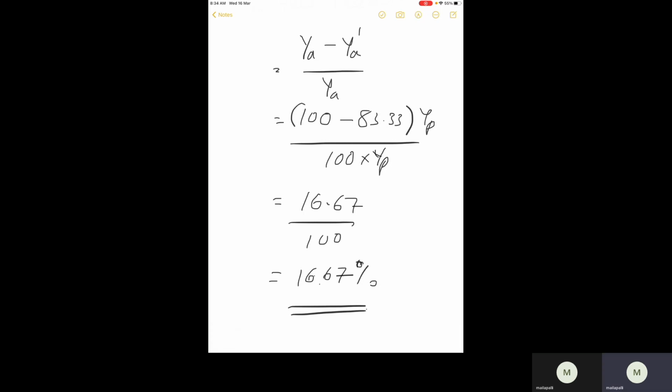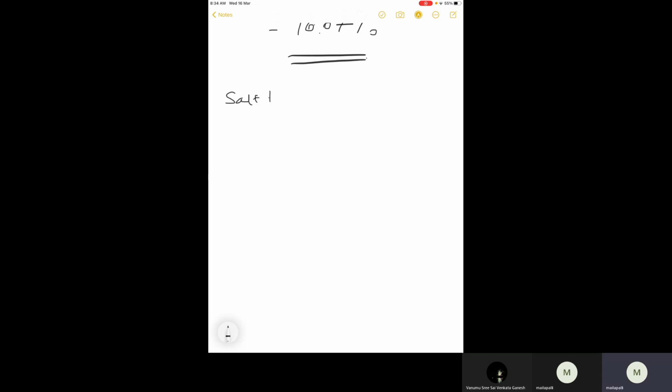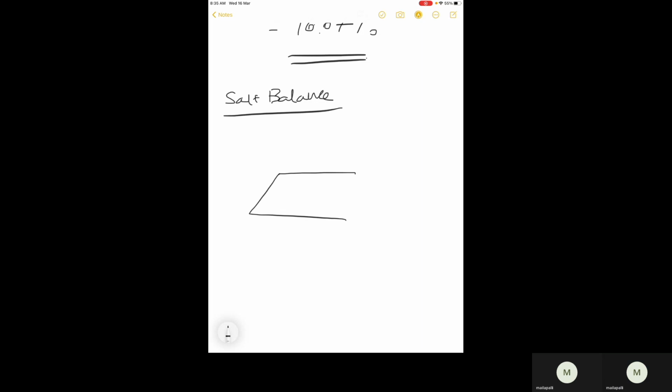Okay, this one. So now let's talk about the salt balance. Let's assume this is the farm field, and let's talk about what the inputs and outputs are.